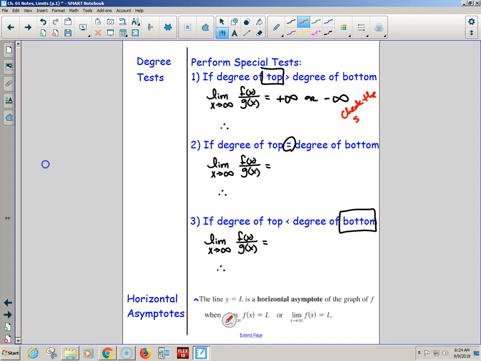Check the sign. Now this one's weird, because this one isn't a number over 0. It's another case for checking the sign, positive or negative infinity with horizontal asymptotes. But still, the idea of plus or minus infinity, you gotta check the sign. Ironically though, this one's also going to be check the sign. Not because you always need to, but the AP guys love to throw tricky problems in this number 2 case.